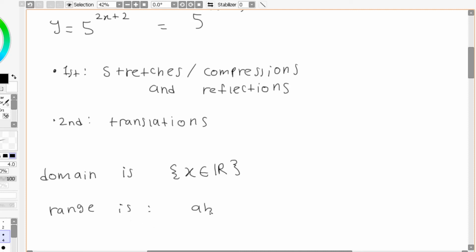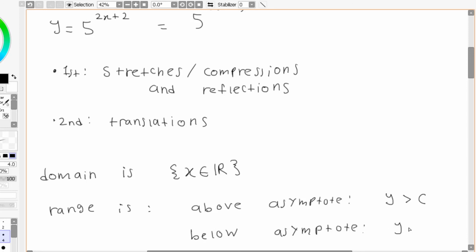So for above the asymptote, we have the range being y greater than c, and then for below the asymptote, we have it being y less than c.